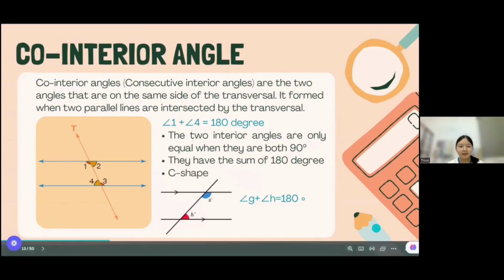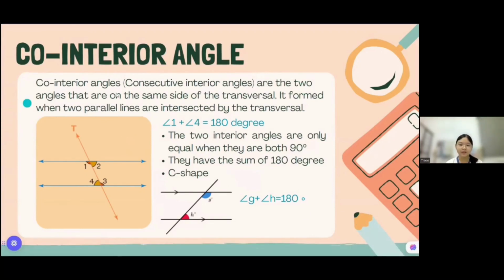Next, I'm going to talk about co-interior angle. Co-interior angles are also known as consecutive interior angles. They are the two angles that are on the same side of the transversal. It forms when two parallel lines are intersected by the transversal. In the picture shown, angle 1 plus angle 4 equals 180 degrees.